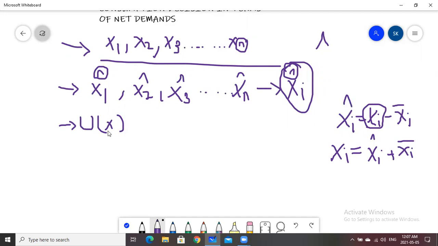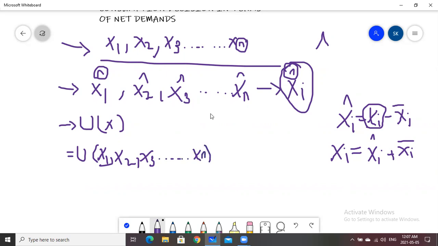Therefore, utility function u of x is equal to u of x1, x2, x3 till xn.